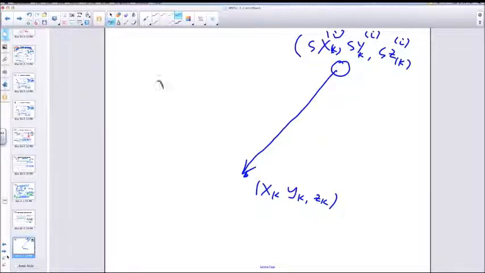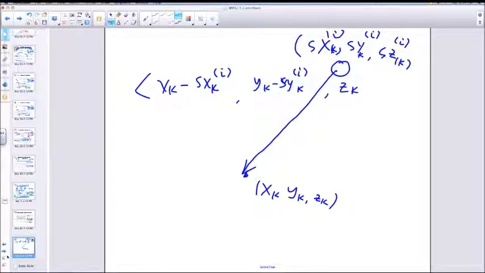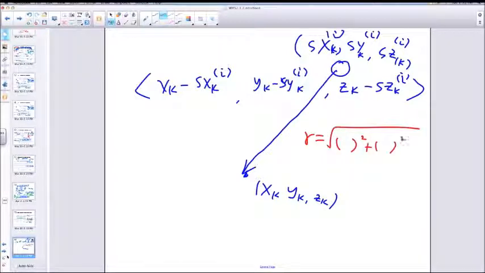That vector is xk minus Sxi, and yk minus Syi, and zk minus Szi. That's very clear, right? Now, the distance is r equals the square root of this square, plus this square, plus this square, you write it down here. I call it ri. Okay, that's the same.